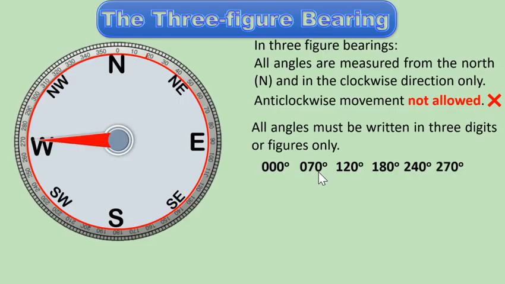Last, what's the value? 330. So you have these angles. Then finally we'll come back to the starting point. That's 360. That's why north can either be 000 or 360.